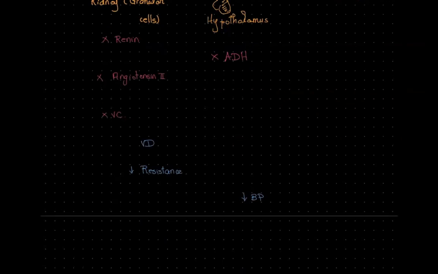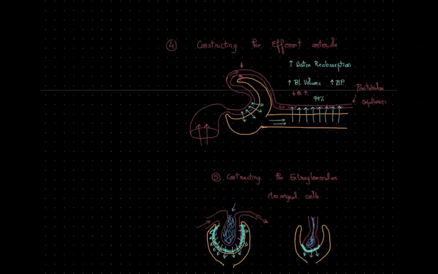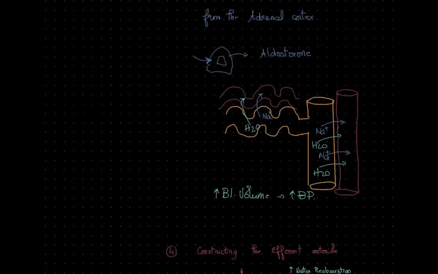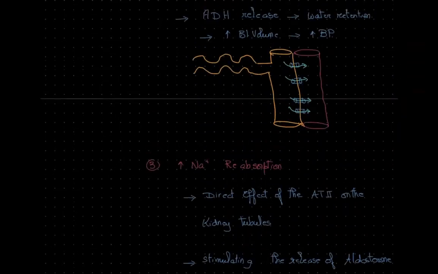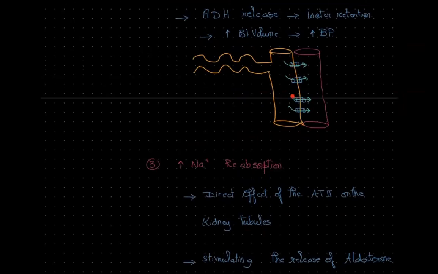And if I don't have ADH, as we just mentioned, ADH was doing what? It was inserting the aquaporin channels in the collecting tubules to move water back to the circulation.